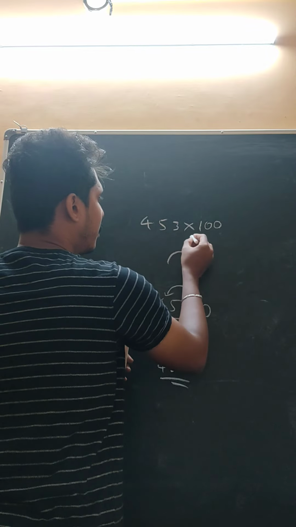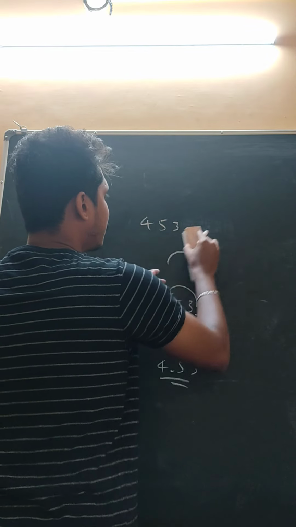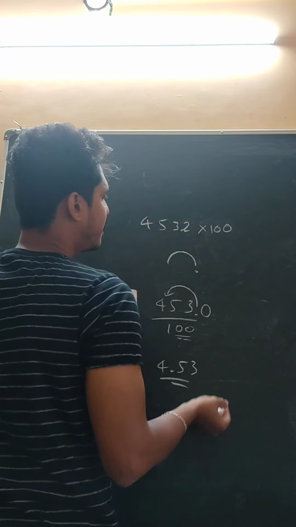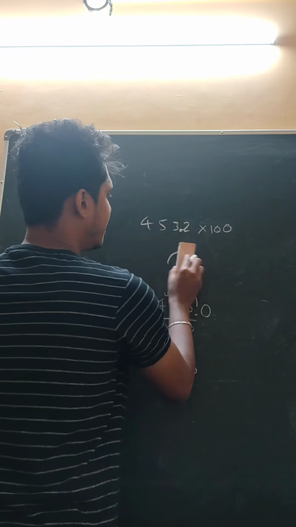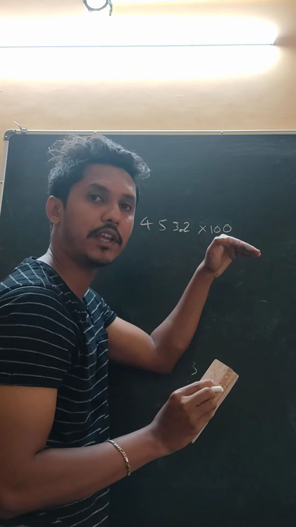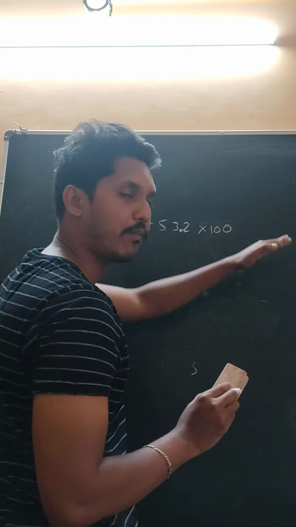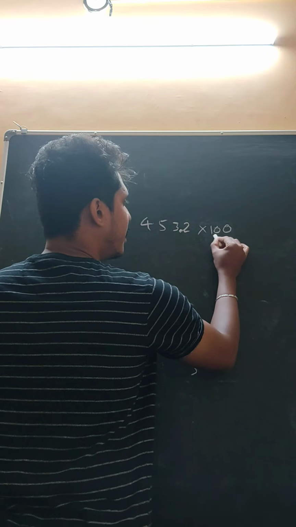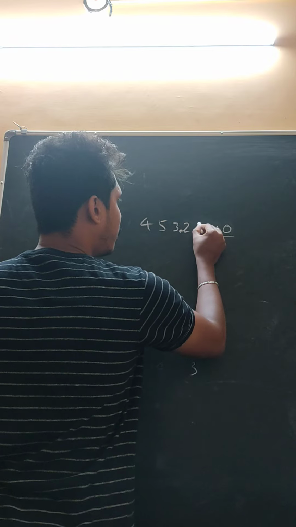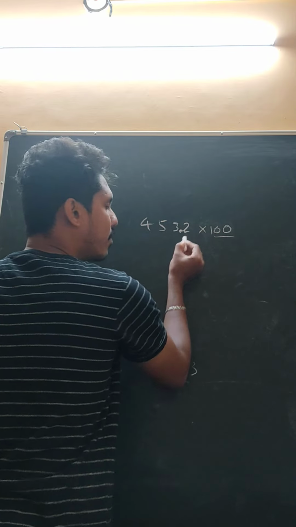Think of it as 453.2 into 100. In this case, we have to shift the decimal point forward. In case of multiplication, we shift the decimal point forward. How many zeros are there here? There are 2 zeros, right? So we have to shift this decimal point after 2 houses. But only one house is available right here.